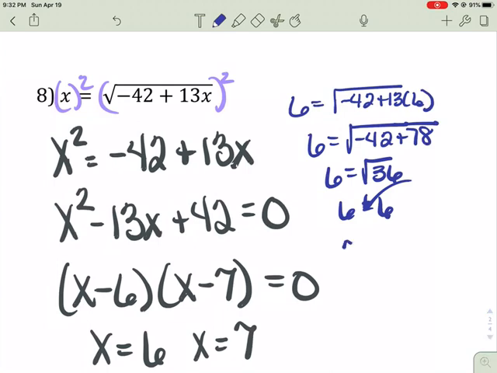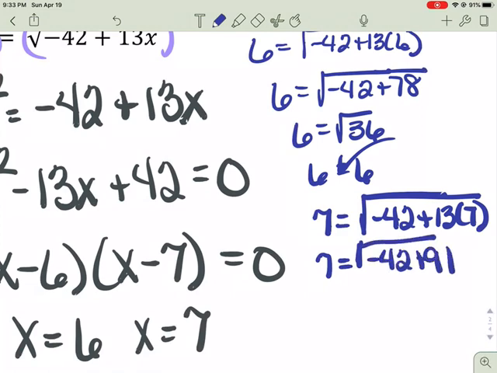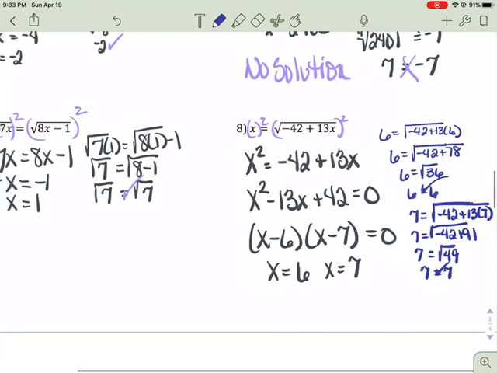All right, let's try 7. Okay. All right, 13 times 7, 91. All right, 49. Okay, so both are solutions to the original problem.